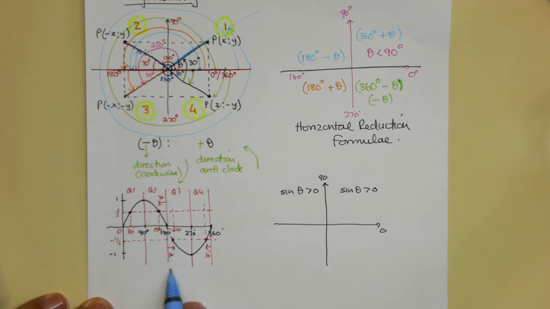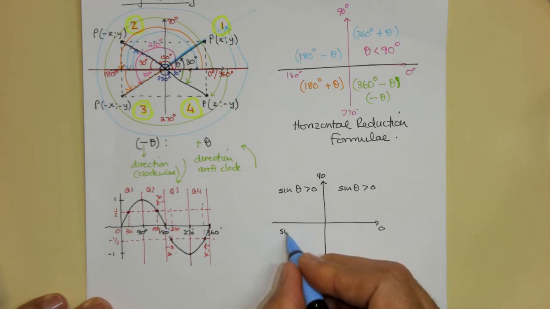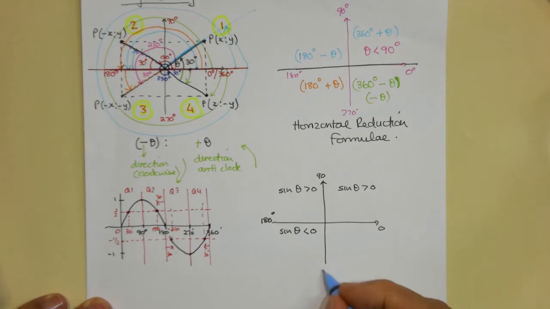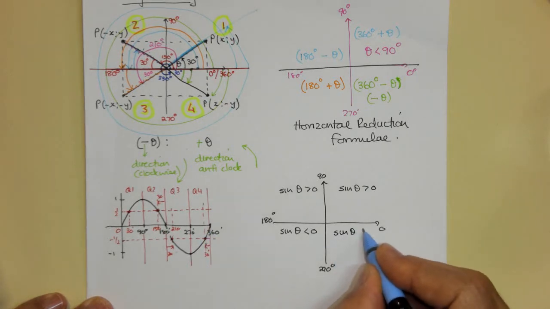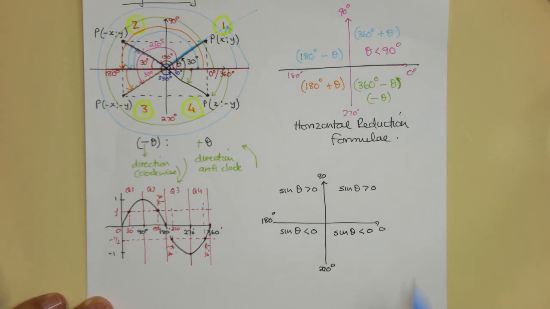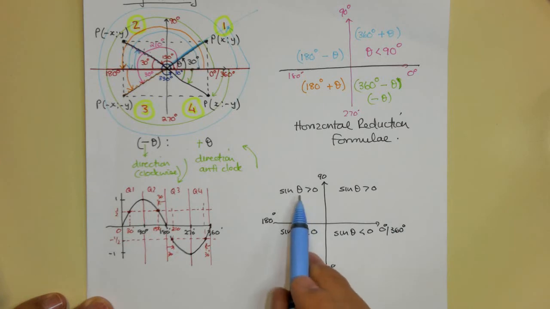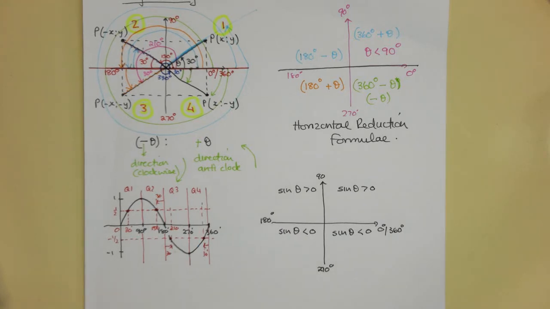Then if we go from 180 to 270, we see the sine curve goes negative all of a sudden. So the sine of theta from 180 to 270 is negative on the curve of sine. And again from 270 to 360, it is still negative. So we're back at 360. So we can say that in the first 2 quadrants the sine function is positive. In the next 2 quadrants the sine function will be negative.